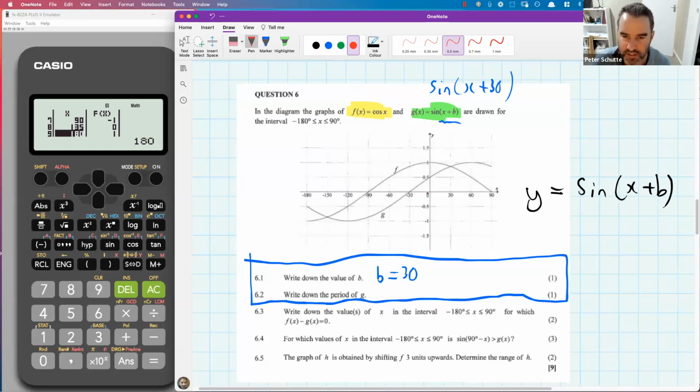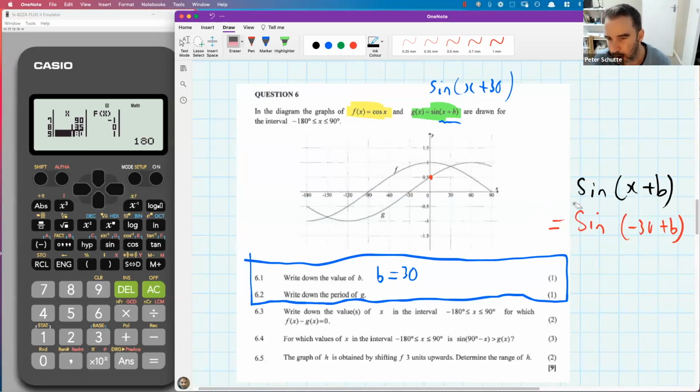Okay, Michelle, you've got that there. So what you could also do is you can see this point on the graph here. So 0.5, or you could use the point minus 30, 0. And if you put a 0 in here, and you put a sine there, and then you put a minus 30 plus B, you could also try and solve that trig equation.